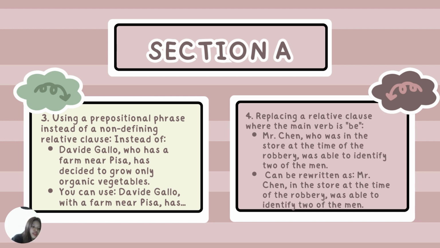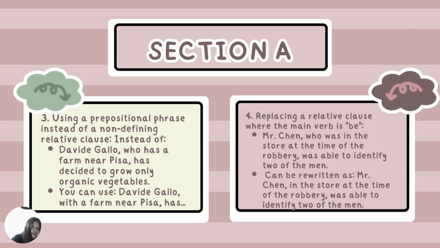Example: Mr. Jin in the store at the time of the robbery was able to identify two of the men, instead of Mr. Jin, who was in the store at the time of the robbery, was able to identify two of the men.